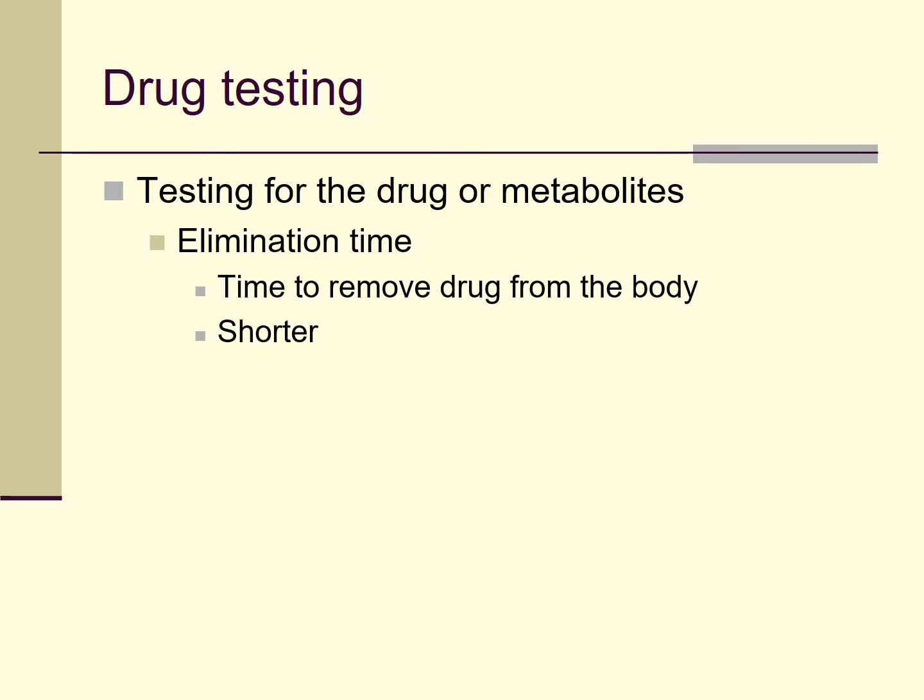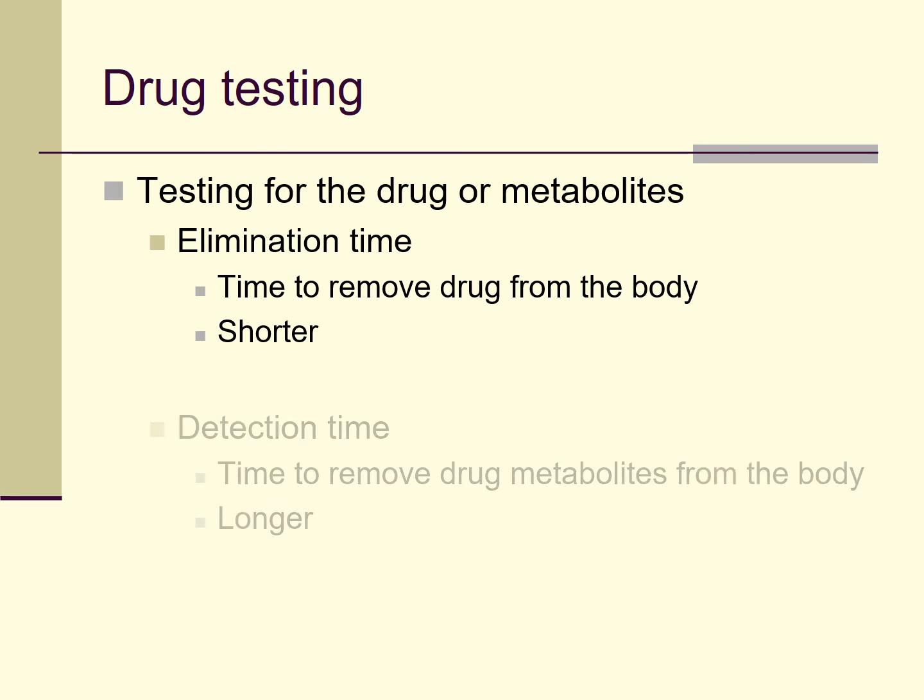And what's interesting is that different drugs have different elimination times. That is, different times that it takes for the body to remove the drug, to make the drug no longer active and available to have its effects. For each drug there's an elimination time and also a detection time, a time it takes to not only remove the drug itself, but to remove all the drug metabolites from the body.